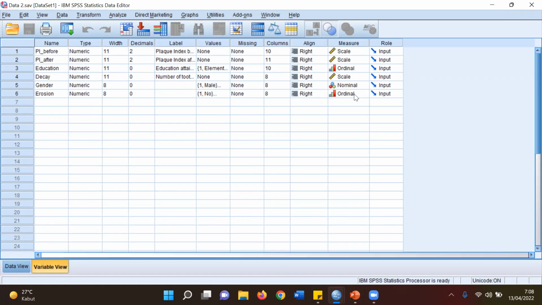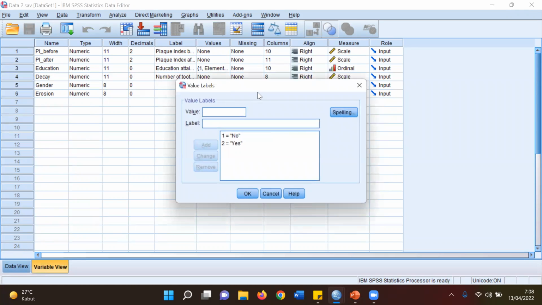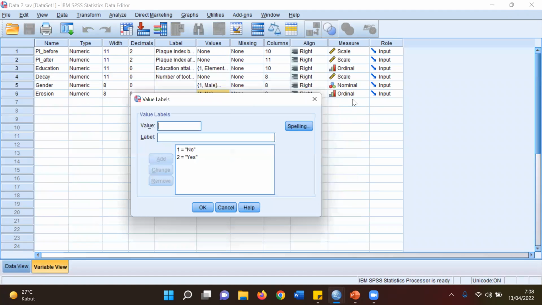Here, for erosion, I put ordinal, although there are only two categories: yes, having dental erosion, and no, having no dental erosion. Because it's an ordinal one, one is good and one is not, therefore I put ordinal. It doesn't mean that a variable with only two categories is necessarily nominal.